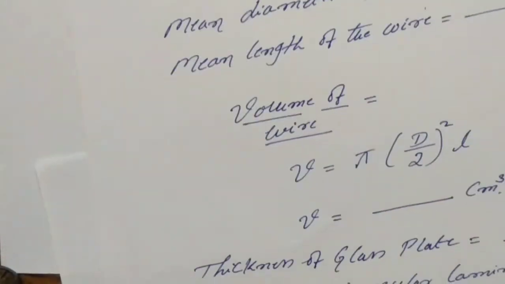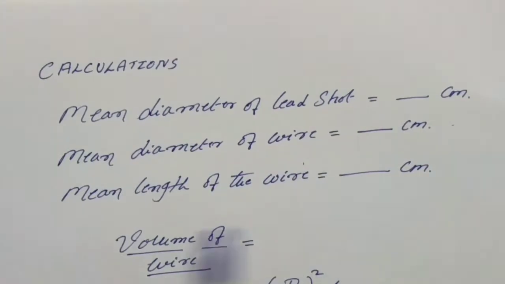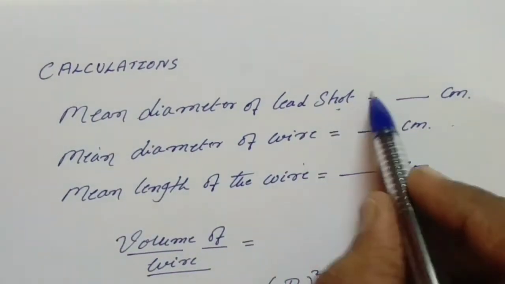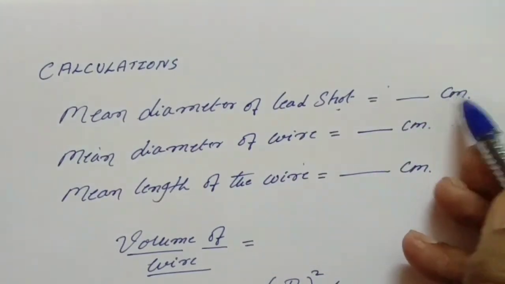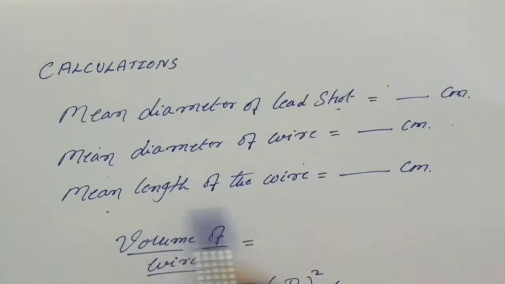Now we have to find out the calculation for this. Just observe the calculation part. Mean diameter of the lead shot: take the mean value of these, add the 3 readings and then divide by 3. Mean diameter of the wire you find out, and also the length of the wire.